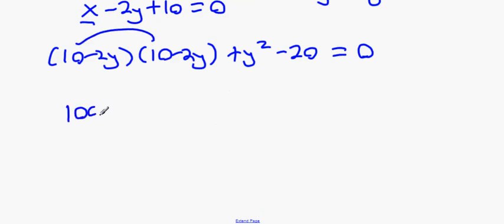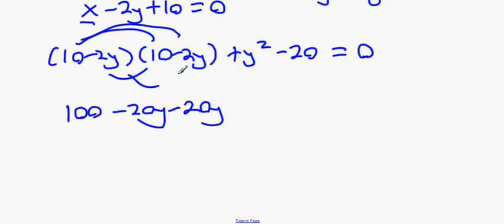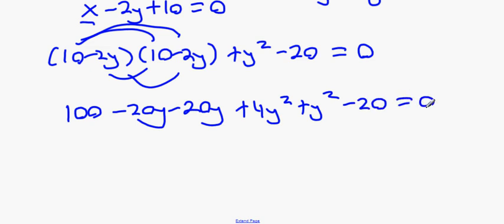You're going to get 100 minus 20y minus 20y plus 4y squared plus y squared minus 20 equals 0. Add them together, we're going to get 5y squared minus 40y, and then 100 minus 20 is 80.